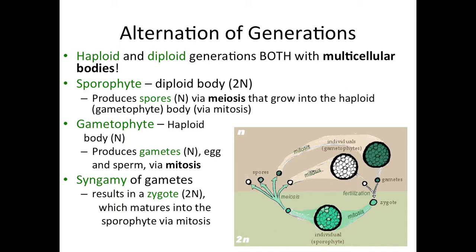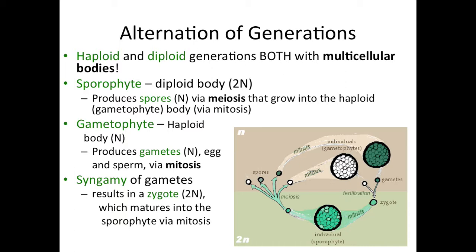So in the sporophyte body, there are sporangia, and in the sporangia, meiosis occurs, producing spores, and those spores are now haploid. So now we've gone from the sporophyte or diploid generation to the haploid generation. Those spores are going to divide by mitosis. They're going to create more copies of themselves, more haploid cells, which are going to grow up into the gametophyte body, a multicellular gametophyte body.